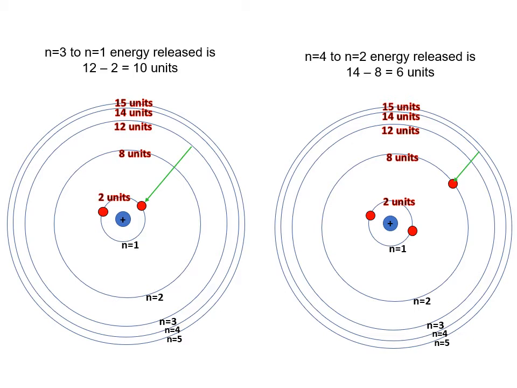So here it's 12 minus 2, so there's 10 units of energy released. In this example, it goes from 14 to 8, which is 6, so 6 units of energy was released. So more energy is released in this example than is released in this one here.